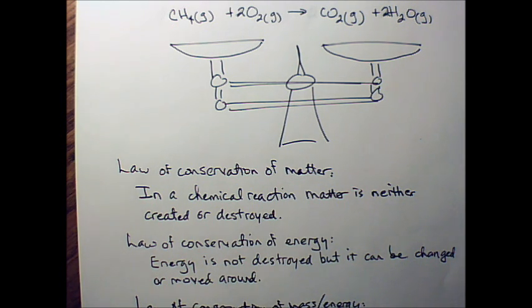Now, a guy named Lavoisier actually figured this stuff out, the law of conservation of matter. I think Lavoisier's whole story is just so cool. There's just too many stories to tell. His most famous experiment was his last one, when his head was cut off.